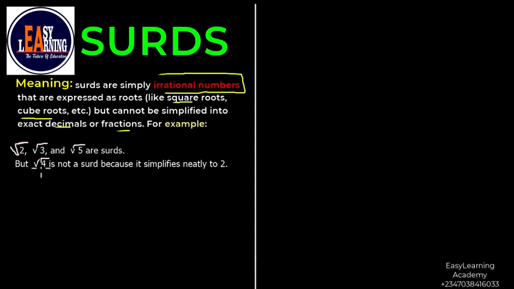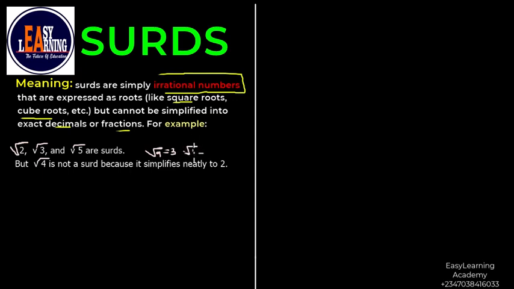But if you look at the square root of 4, we say that the square root of 4 is not a surd because it simplifies neatly to 2. Other numbers that are not surds include the square root of 9, which we know to be 3. Another example is the square root of 16.